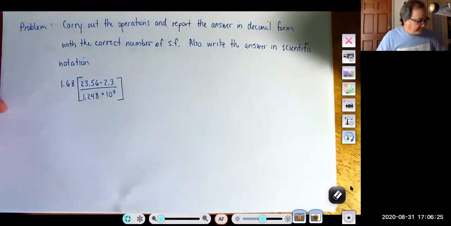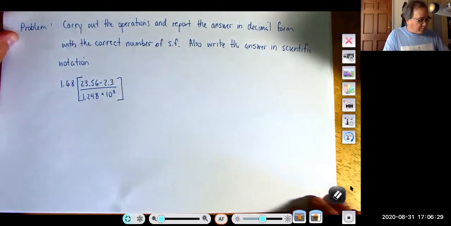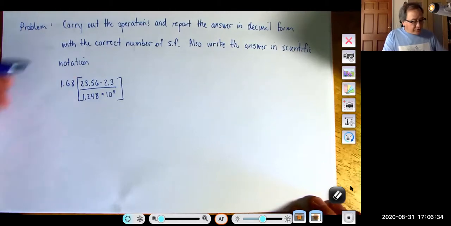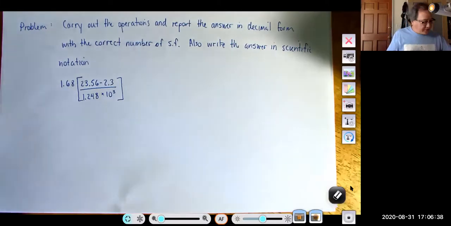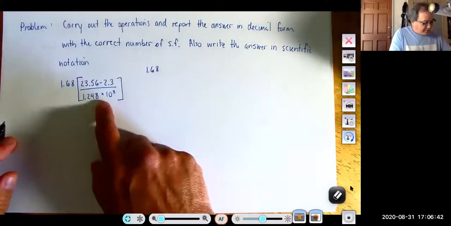Here's another problem. Carry out the operations and report the answer in decimal form with the correct number of significant figures. And then I have also write the answer in scientific notation. So what are we going to do here first? And the answer is we're going to subtract these two numbers.